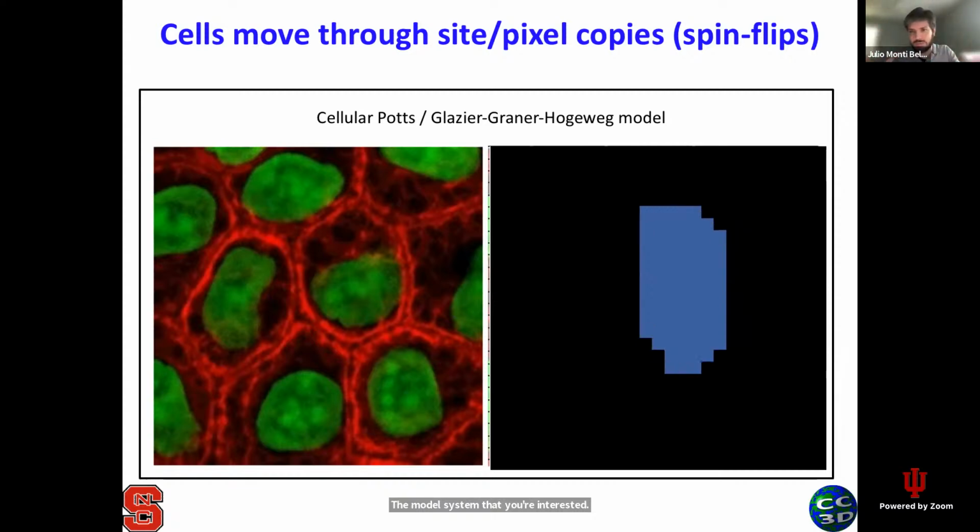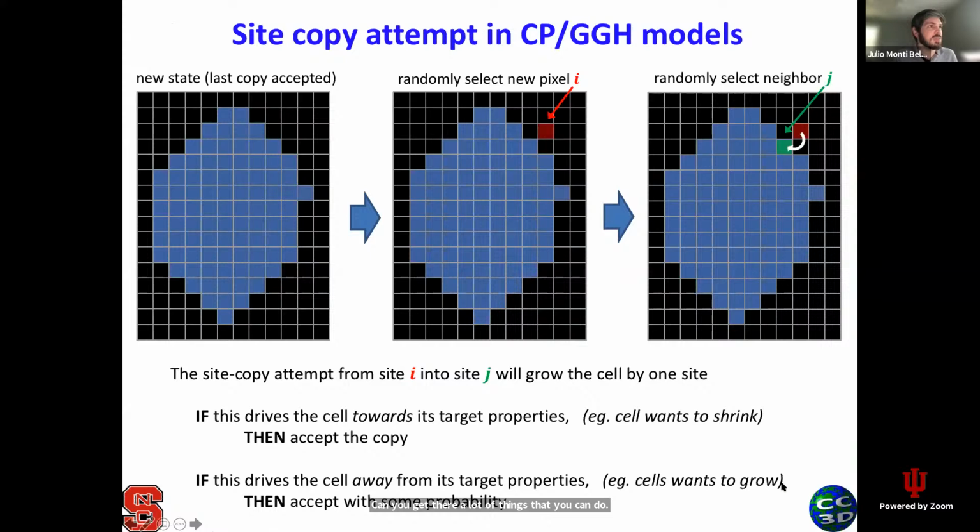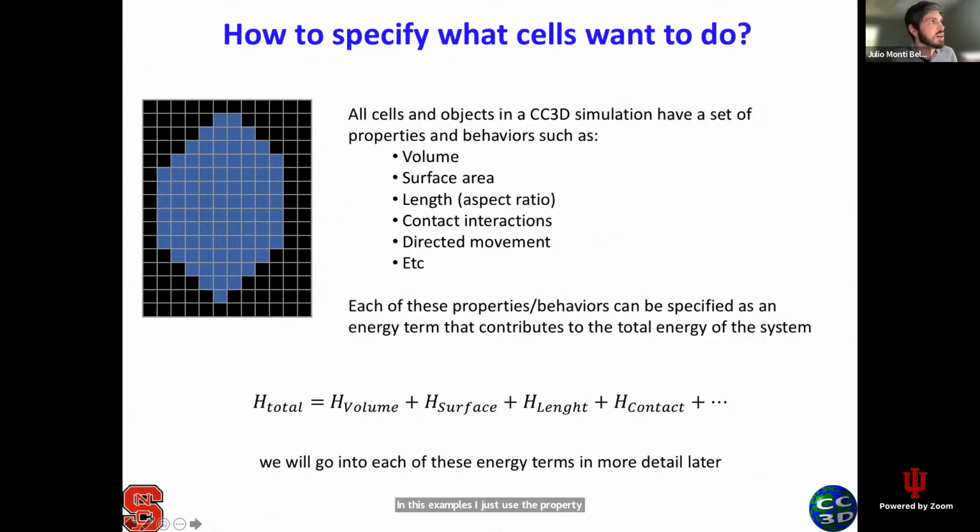And you can have cells with a nucleus inside, with a membrane, with another organelle inside. There are a lot of things that you can do. In these examples, I just use the property of wanting to grow or shrink because it's very easy to understand, but you can specify many different behaviors to the cell properties.